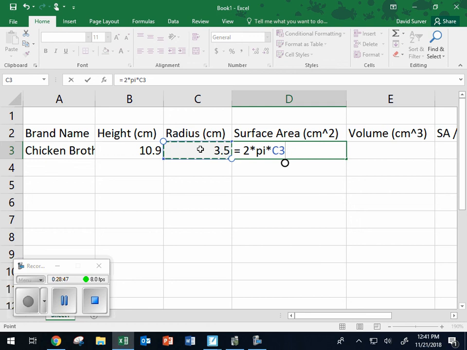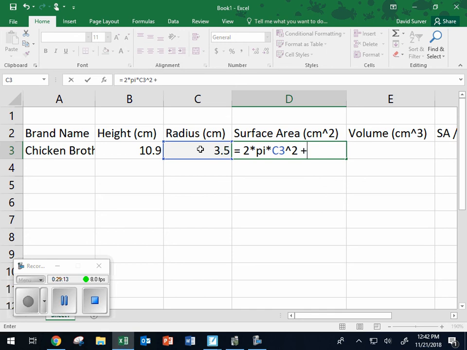So for me, that radius is in C3, so it just pops up as C3. And then I want to square that. So to square, you have to use that caret button, and then just press 2. It will square it for you. Okay, that's the first part of my equation.